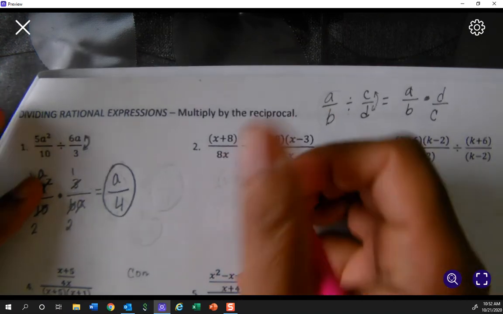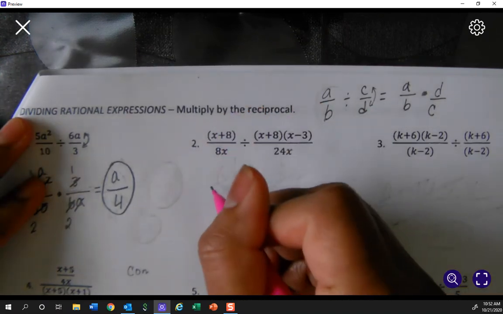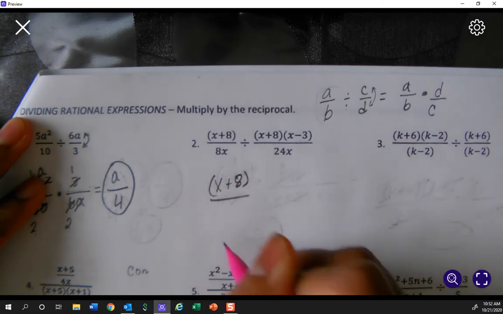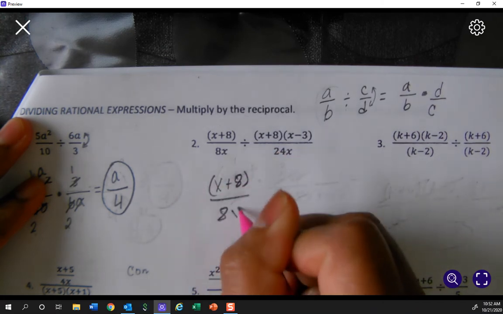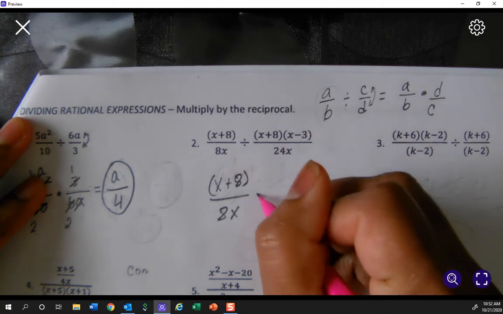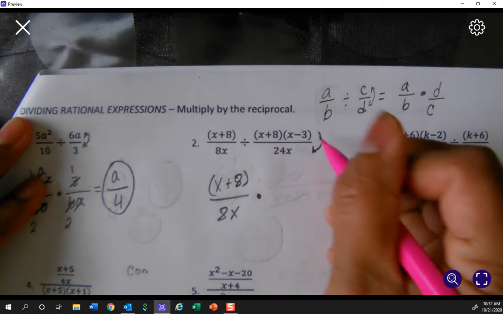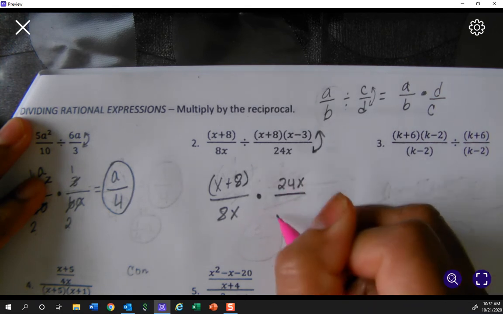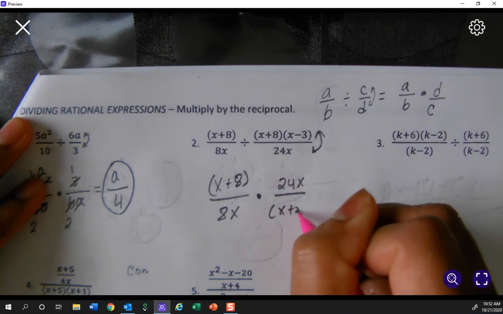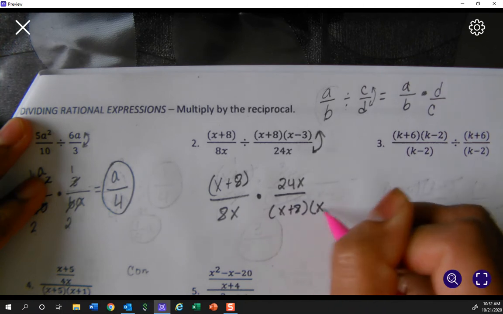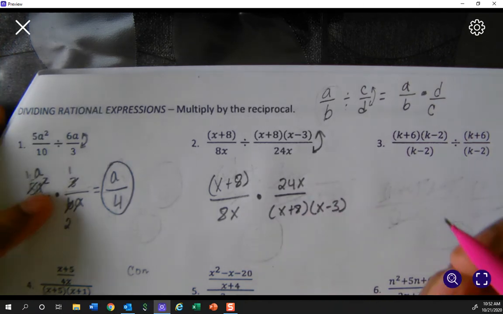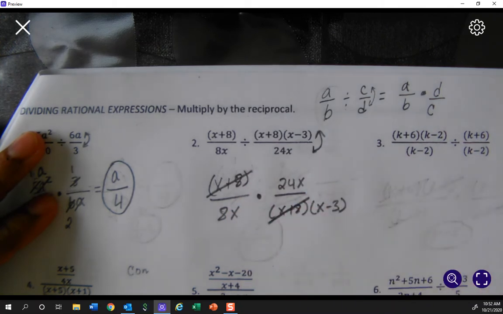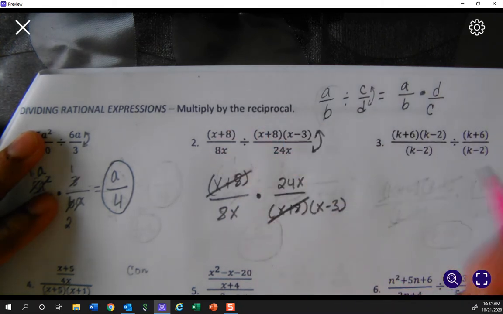Okay, so here's another problem. I'm going to keep the first one, so you have x plus 8 over 8x. Then we change it to a multiplication and flip the second one. Now I'm going to simplify by canceling out the correct factors in the numerator and denominator.